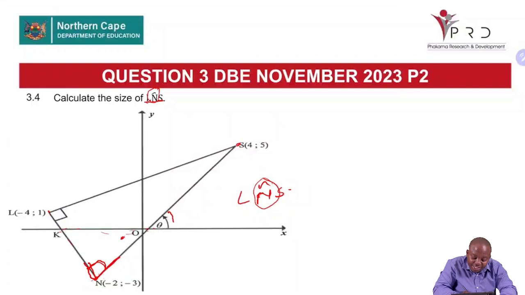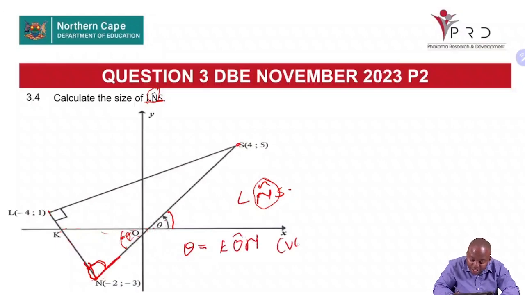You'll notice that this angle theta is equal to that angle. So these two angles are equal. Why are they equal? These are what we call vertically opposite angles. So that is to say our theta in this case is also equal to KON.